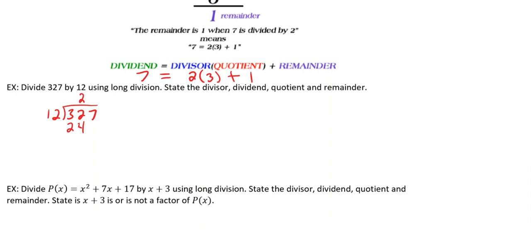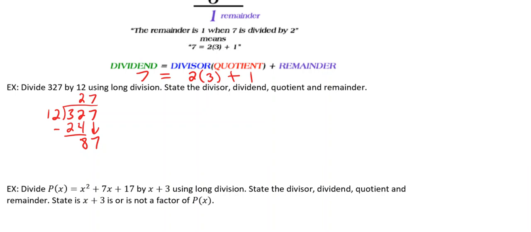We're going to go 32 minus 24. Okay, so we're going to have 8. And then who remembers the next step here? Bring the 7 down. Now what? How many times does 12 go into 87? Okay, so 7 times.